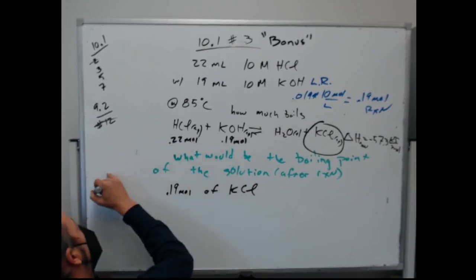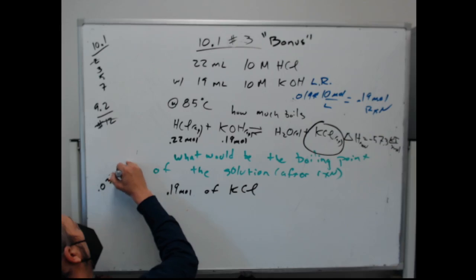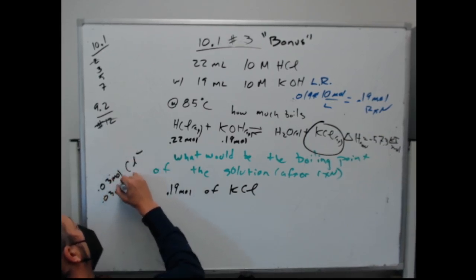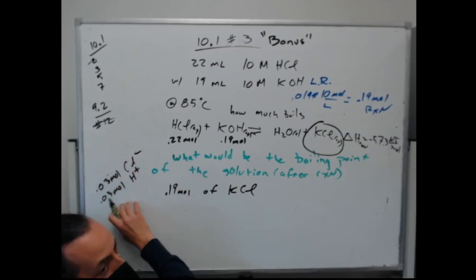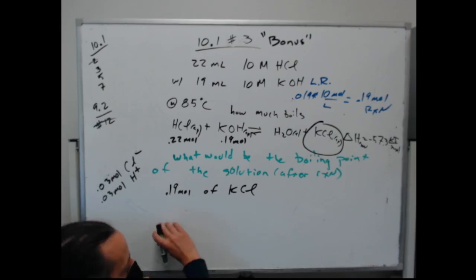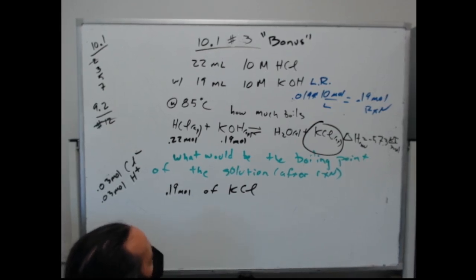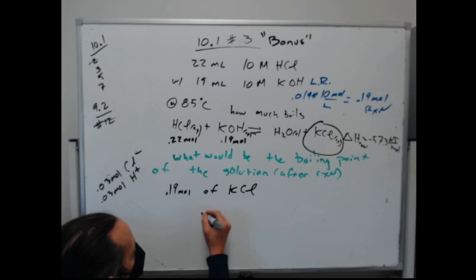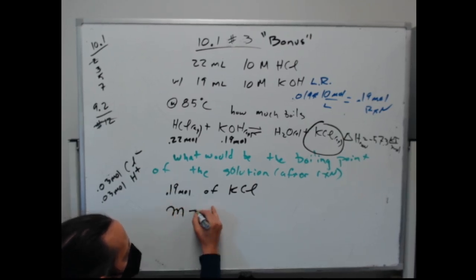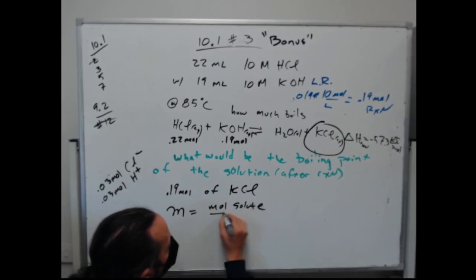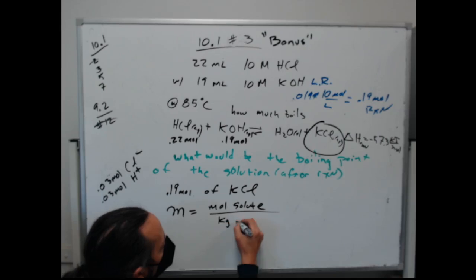Technically, there's a leftover 0.03 moles of Cl minus and 0.03 moles of H plus that we're not dealing with, but I'm not going to worry about that right now. Let's just say how much this 0.19 moles of KCl changes the boiling point. Now, to get to molality, molality is moles of solute over kilograms of solvent.